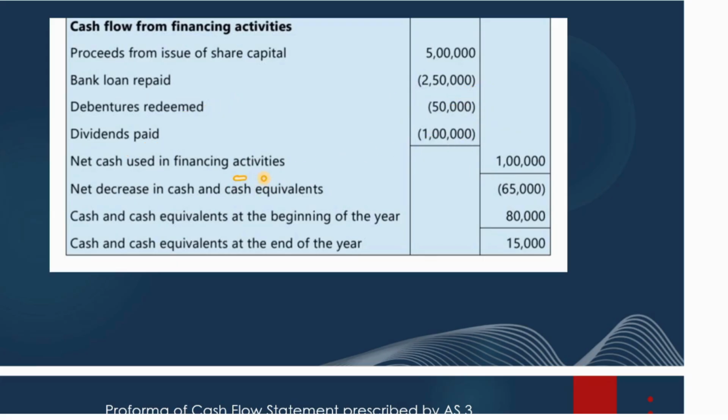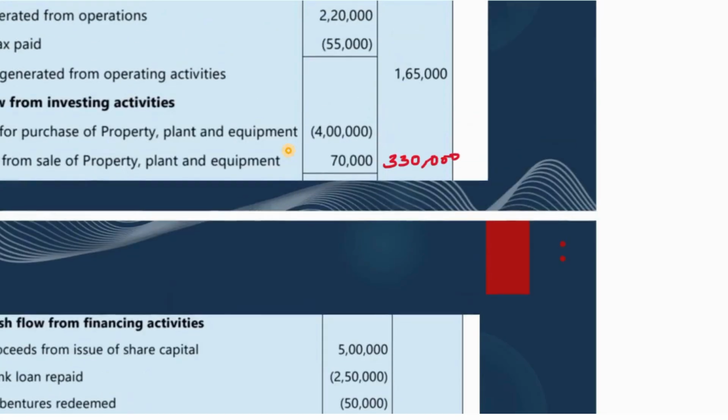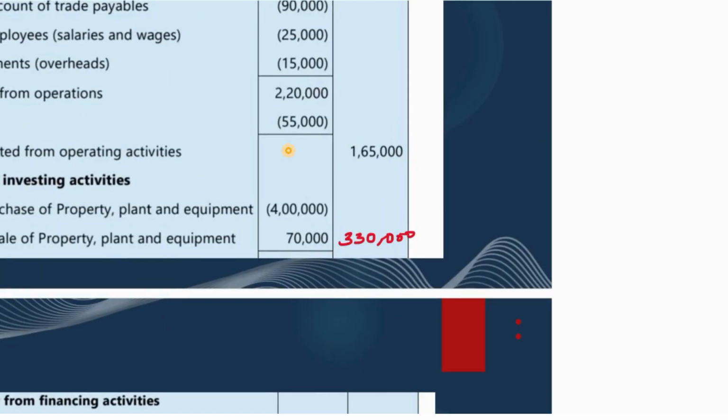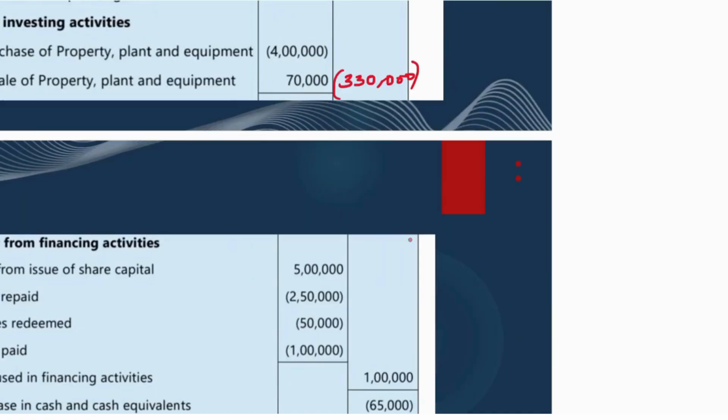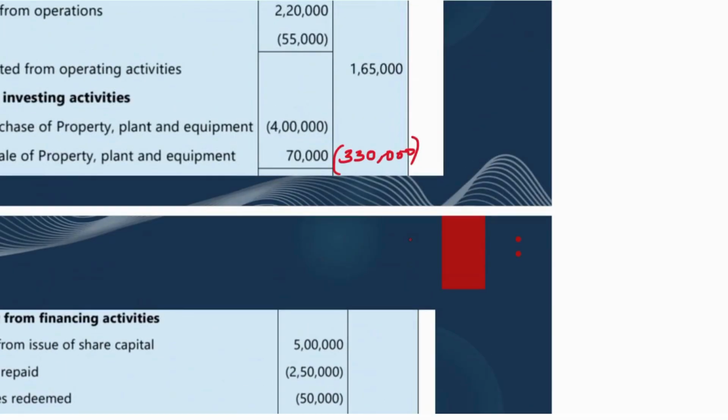Now we are left with how much? 1 lakh. After calculating all this, we are going to calculate how much was the net increase or decrease. Calculate how much is left. This is your negative balance, we are left with 65,000.